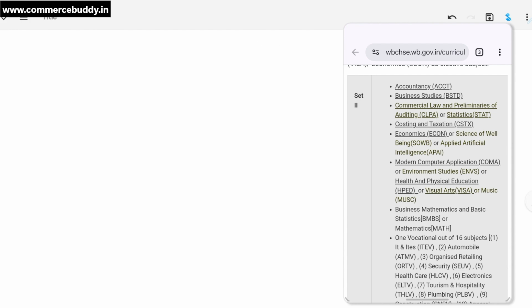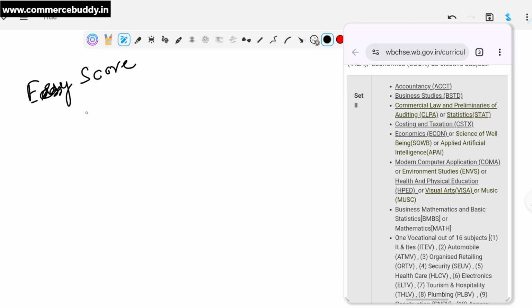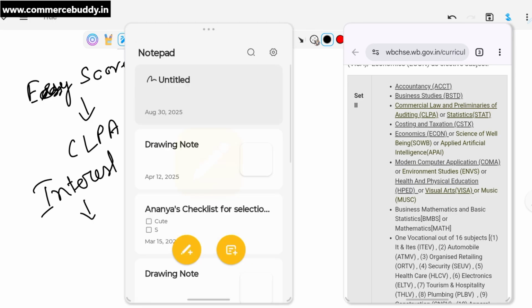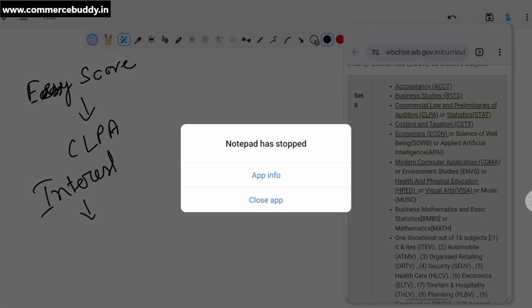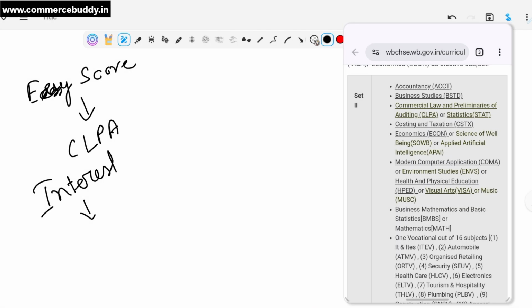So now if I want easy scoring, select CLPA. Now, based on interest in a subject, based on interest in the market, on real life situations, go ahead and choose economics.